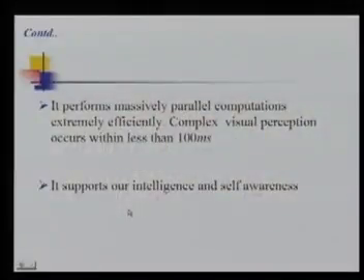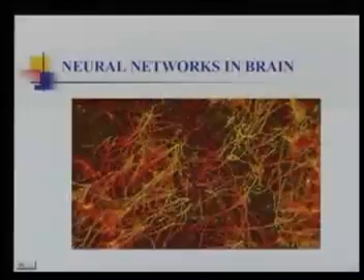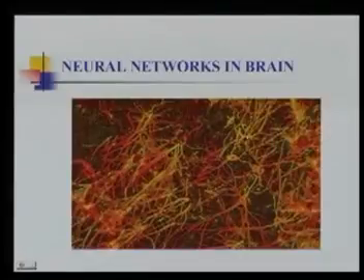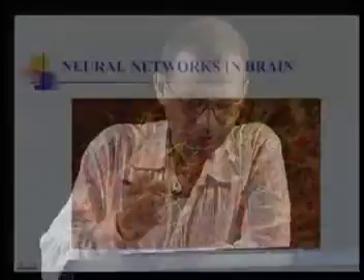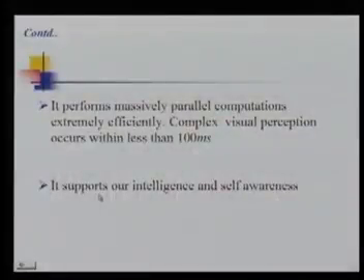As I said earlier, this massive parallel computation is because of the complex, parallel connections among neurons. And the final property: it supports our intelligence and self-awareness. Of course, nobody knows the actual basis of intelligence and self-awareness. All of you must be aware of your own experience: when you try to solve a problem, at some point of time you solve it, and at some other point of time you fail to solve it.